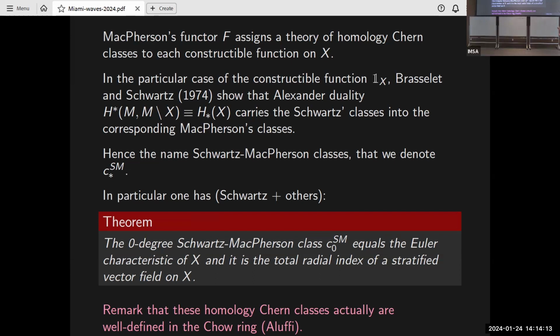These are very important homology classes, and in degree zero for compact varieties, this class is just the Euler characteristic.